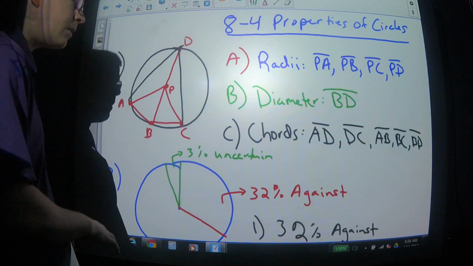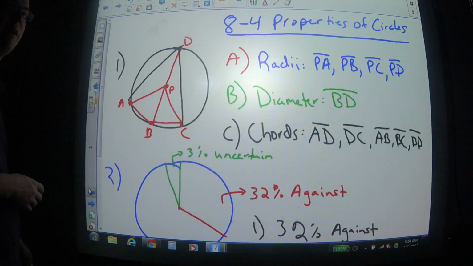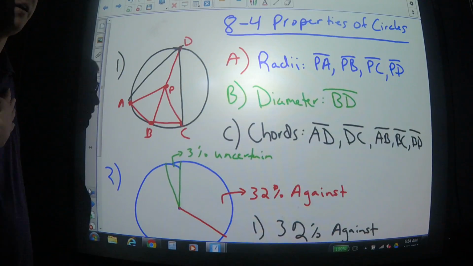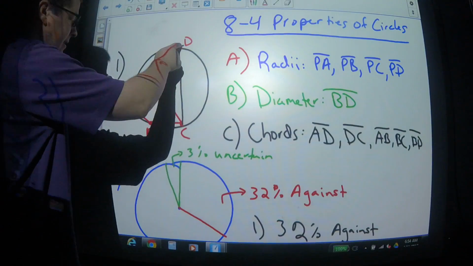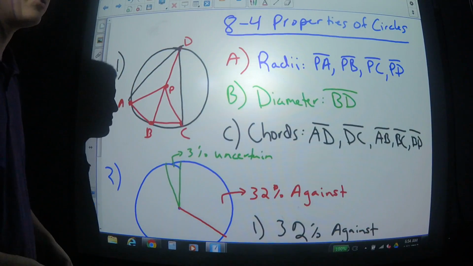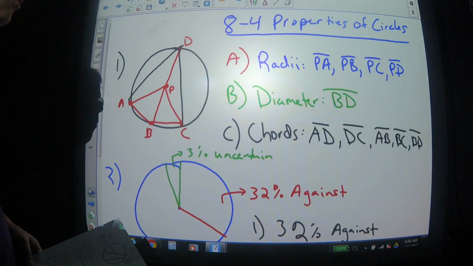Now, chords, as I said, are any two points on the circle. So AB, BC, CD, AD, those are all going to be chords.